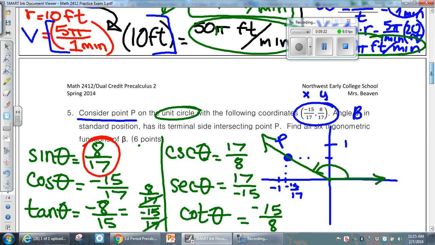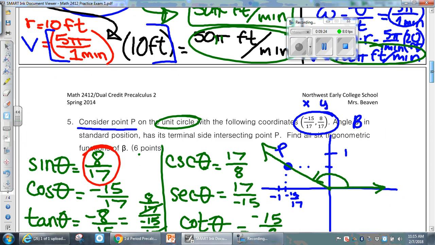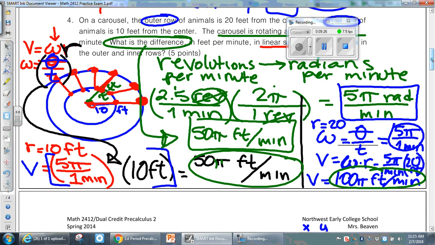Okay, now let's move on to the next problem. Well, let me give you a few seconds to catch up. Yes, so formulas you need to know for sure are here, this one.